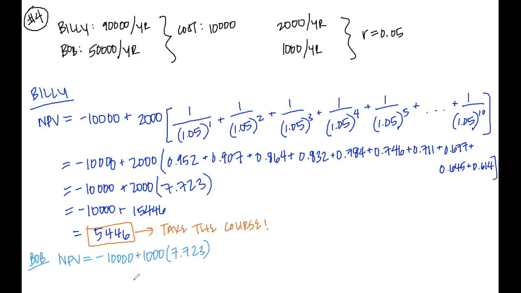So this equation simplifies to negative 10,000 plus 7,723, which equals negative 2,277. So what we can see from Bob's situation is that his net present value is negative. So if he would take the course and have this potential earnings, but since his net present value is negative, he should reject the training course and not take it.